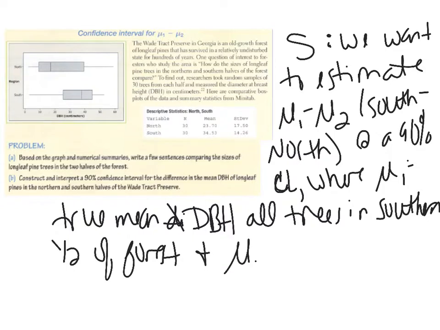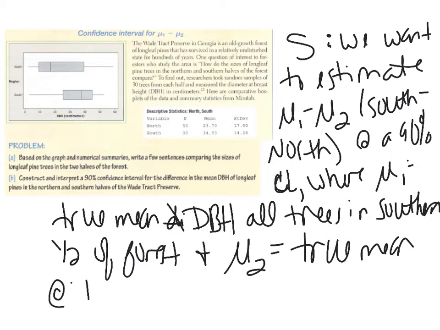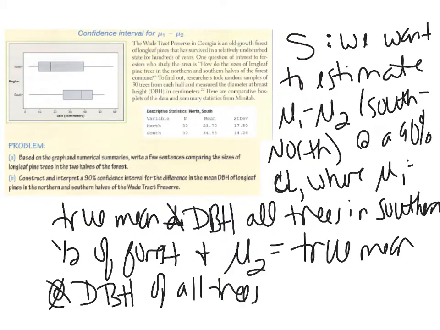And mu2, because I have to define both of my parameters, is the same thing but in the north, right? It's my true mean diameter at breast height of all trees in the northern half of the forest.